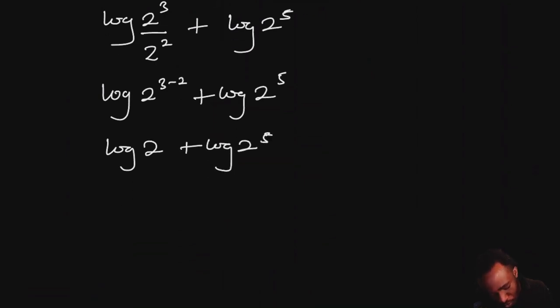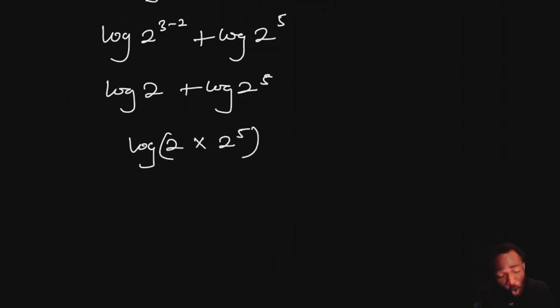And then we're going to use the addition law of logarithms, or the multiplication law, to further simplify this. So it's going to be 2 times 2 raised to the power 5. And then we're going to use the law of indices to further simplify this to 2 raised to the power 1 plus 5.